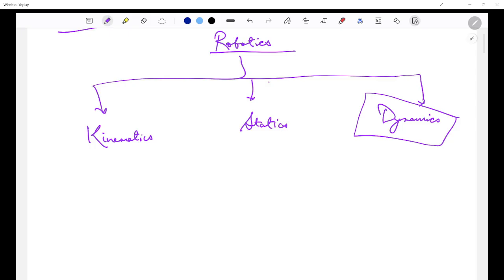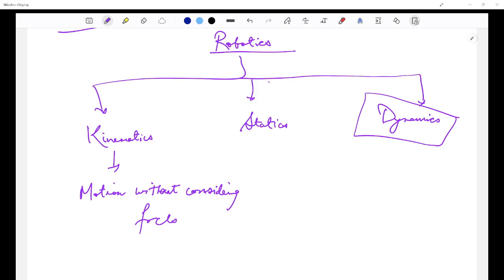Okay, so what does kinematics mean? It means that we consider the motion without considering forces. For example, position of robot end effector, or velocity of the robot joints.